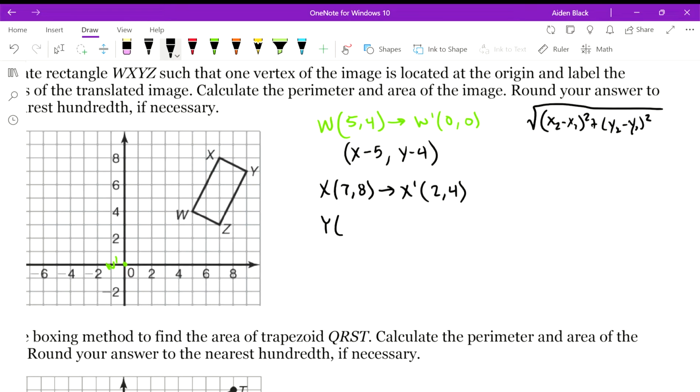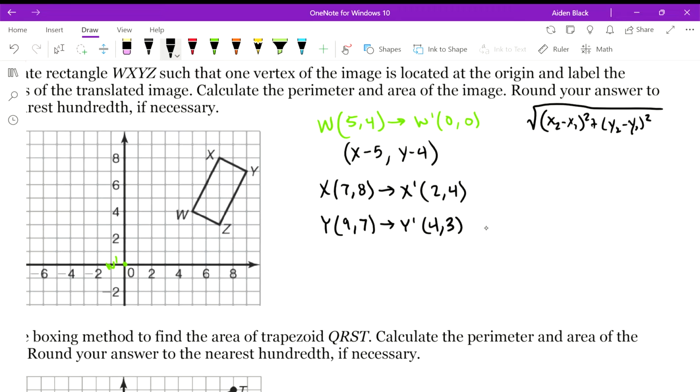Y is located at 9, 7. So Y prime should be located, and all I'm doing is plugging this 9 in for X. So 9 minus 5 would give us 4, and 7 minus 4 would give us 3.